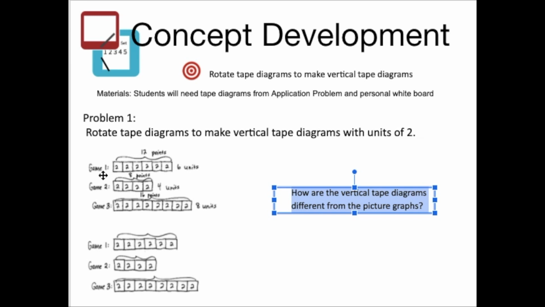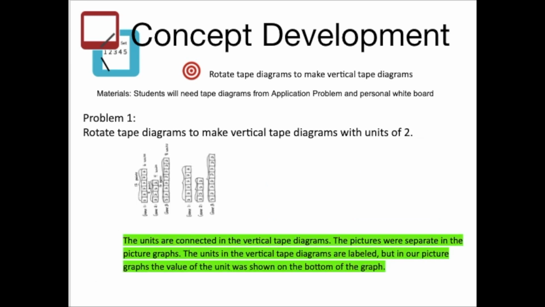That's one difference. We know that our tape diagrams are connected in a vertical manner, whereas the pictures in a picture graph are usually drawn independently. The units in the vertical tape diagram are labeled, but in a picture graph, the value of the unit is shown at the bottom, typically the key.